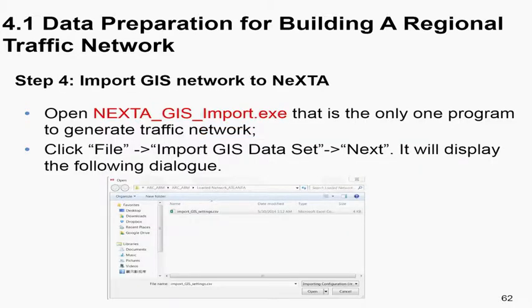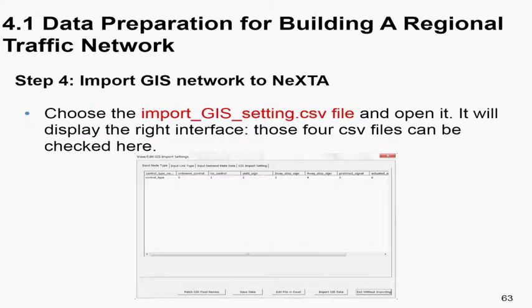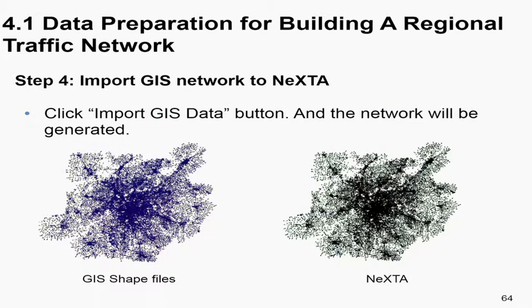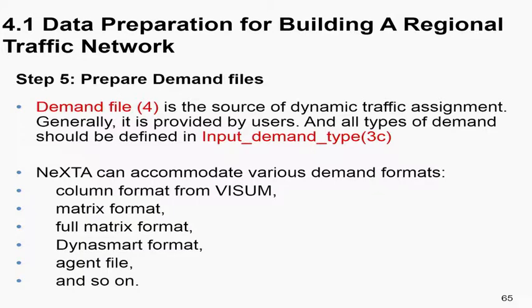So step number 4 here is to run this executable, and then we select the import GIS setting. Then as one example, we got one MPO's dataset. We can convert the dataset very easily. Here is the Atlanta network. Okay, and then for the demand file, I strongly encourage the users to look at the demand file list and prepare this one manually.